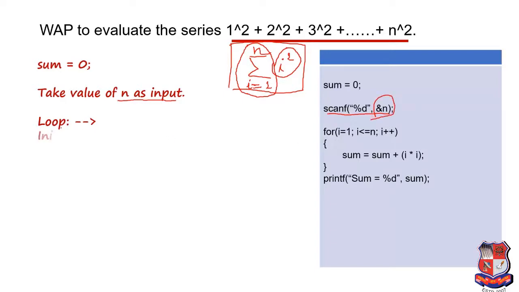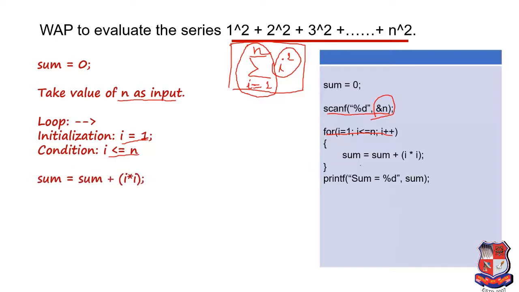Then we talk about the loop. We already discussed that the loop is initiated from 1 and goes up to n. So our initialization is i equals 1 and the condition is i less than or equal to n. It will be: for loop, i equals 1, i less than or equal to n, and i plus plus. Then our equation will be sum equals sum plus i into i, which means i square.